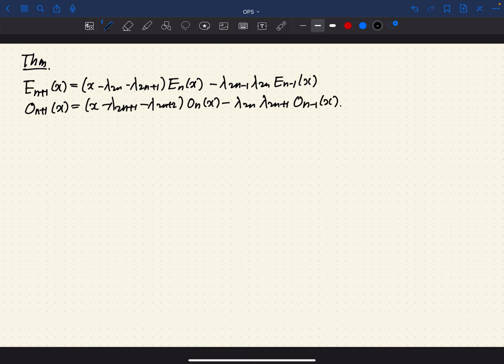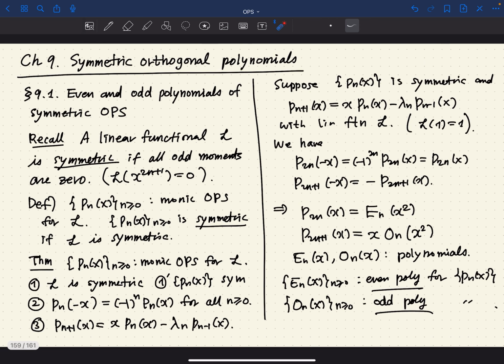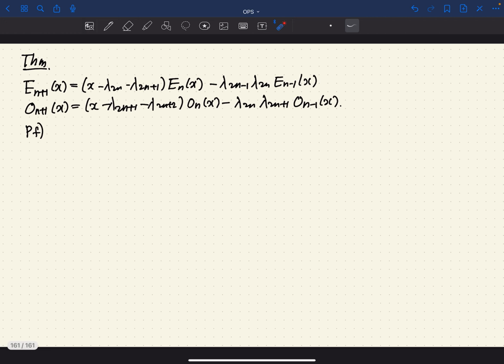Okay, the proof is also not difficult. We can use the three-term recurrence for the original polynomial. So we just substitute 2n here, and we will consider 2n, and then 2n plus 1 or 2n plus 2 there. And then we get recurrences like this: P2n plus 1 of x equals x P2n.